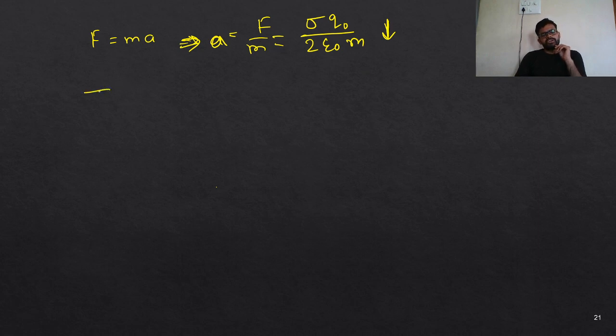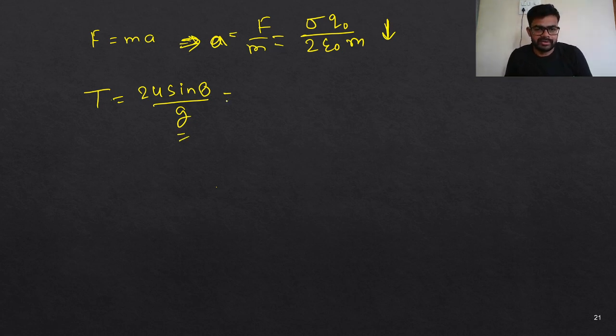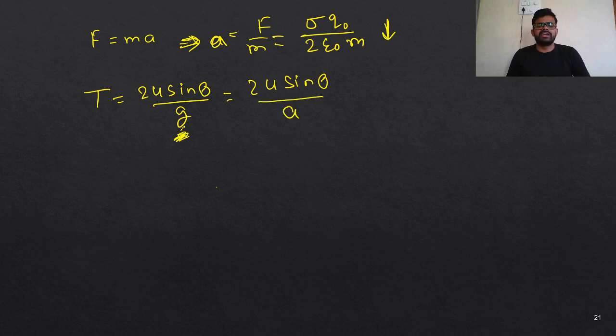So you know the projectile formula, time of flight. T is equal to 2u sine theta upon g. So instead of g here we will write acceleration, so 2u sine theta upon a. This g in projectile motion was gravitational acceleration.